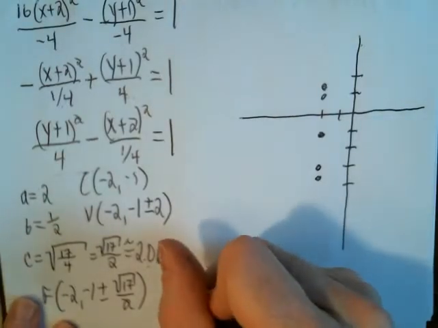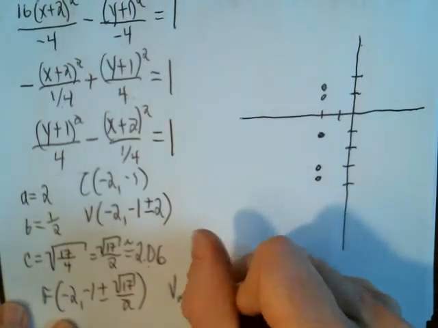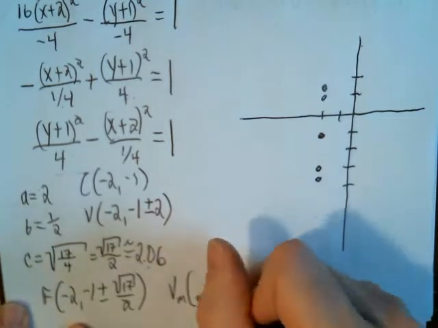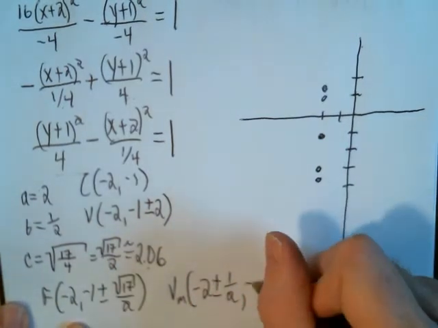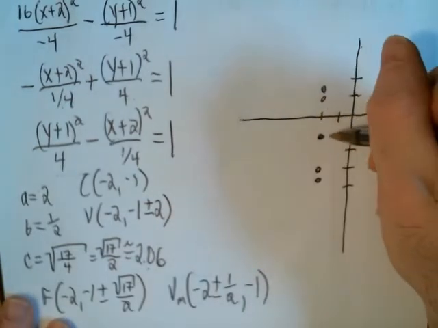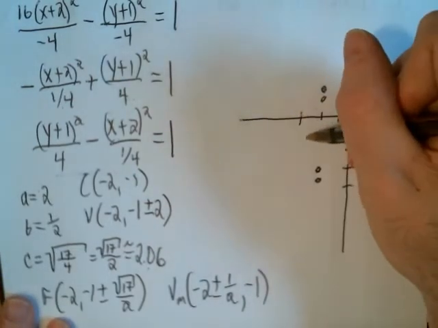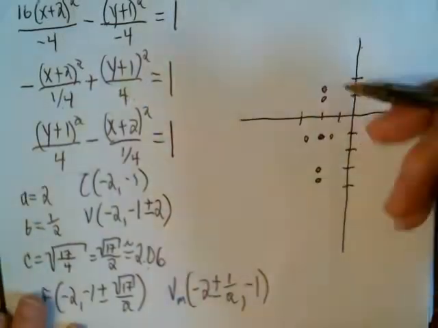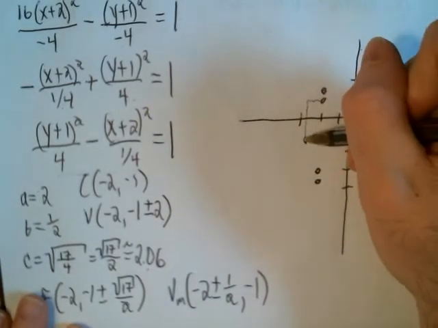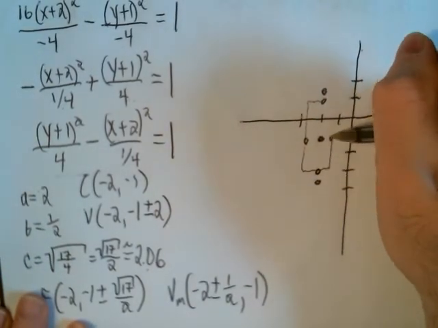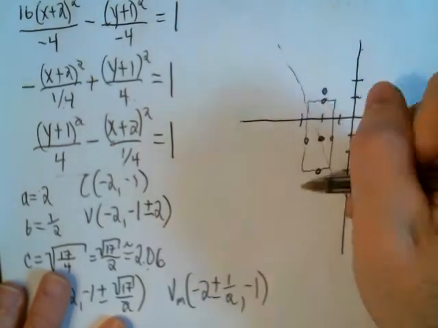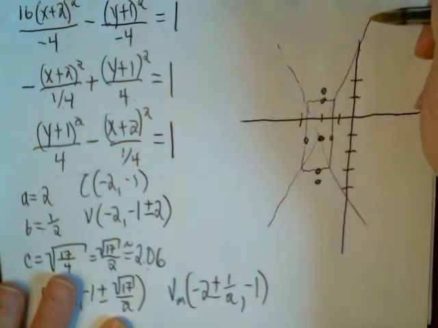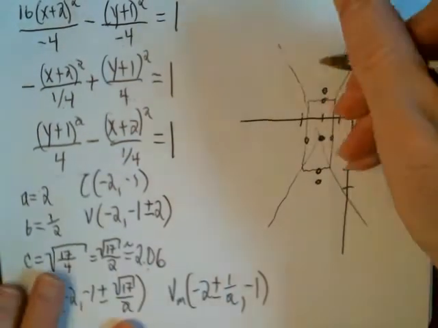Finally, for the sides of our box, the minor vertices, you're going left and right this time. So it's negative 2 plus or minus 1/2, comma, negative 1. So kind of a really smushed box. Then draw your box, get your asymptotes, and do your branches, and you should have it.